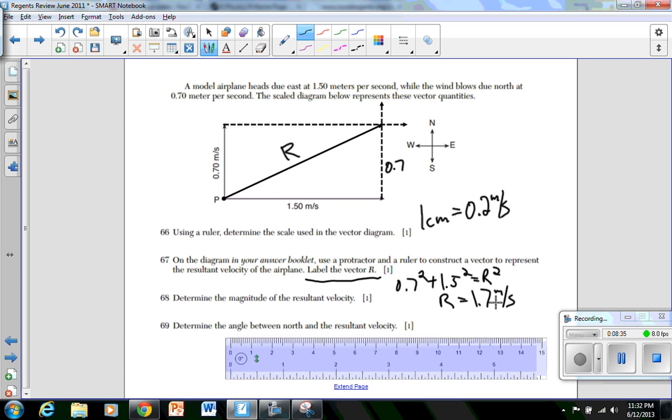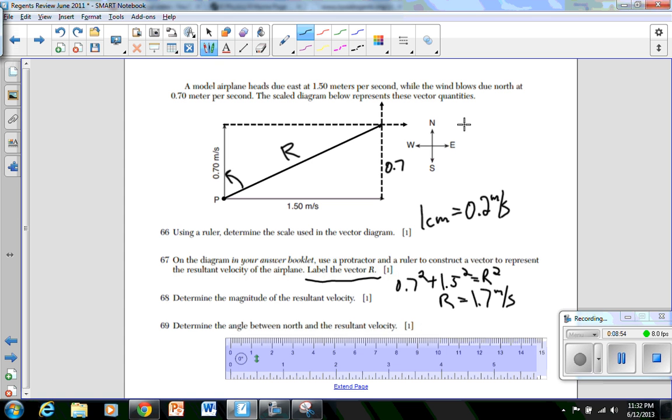And then last one, it says determine the angle between north and the resultant velocity. To get this angle, you could use some trig if you wanted to. We're looking at this angle right here, between north and the resultant velocity. You have two options.